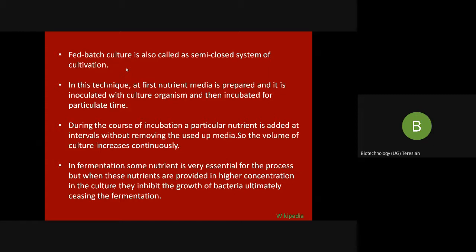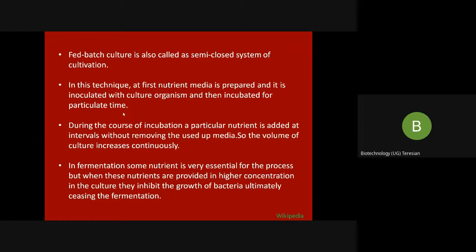During the course of incubation, a particular nutrient is added at intervals without removing the used up media. So the volume of the culture increases continuously. When you are incubating, a particular nutrient is added at intervals or in increments, that is slowly, one at a time in sequence, like every 5 minutes or 10 minutes, for example, 30 minutes.